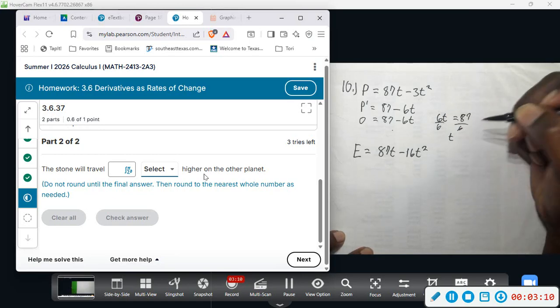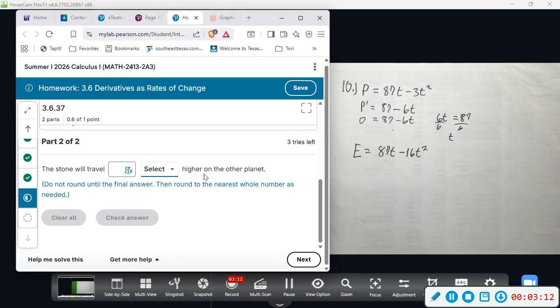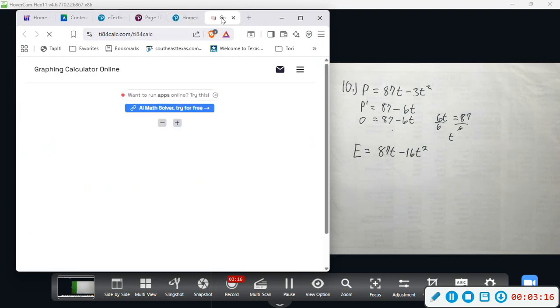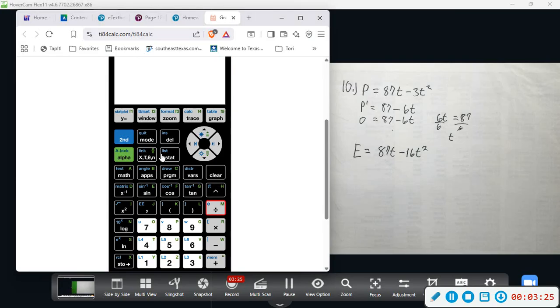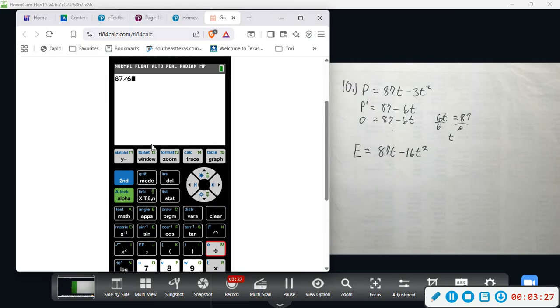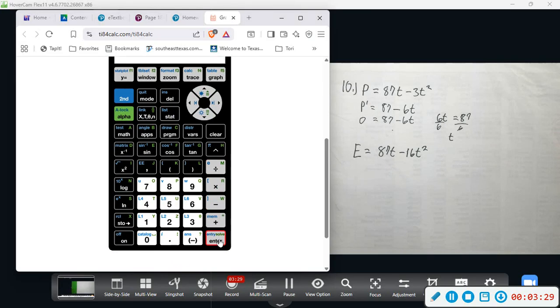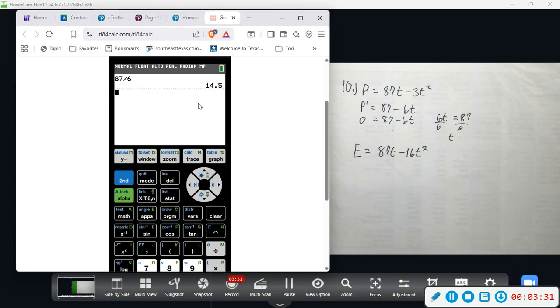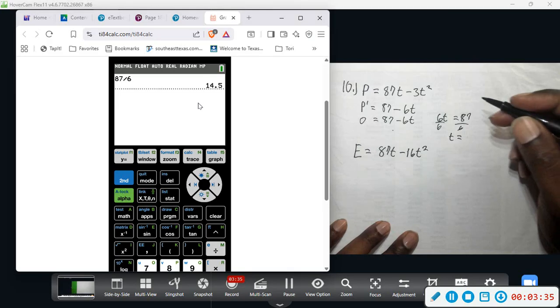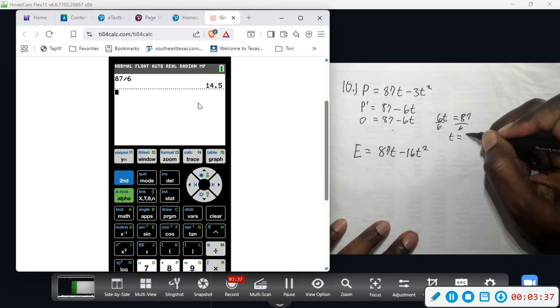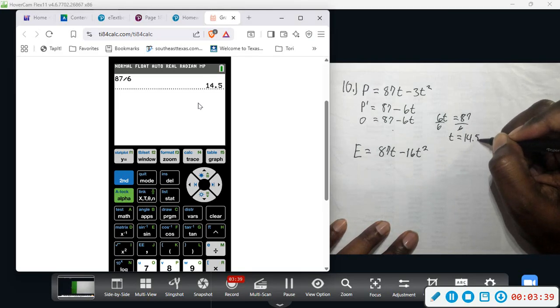So we will find at what time we reach that maximum. Let's see, 87 divided by 6. Okay, so on the other planet, it reaches its maximum at 14.5 seconds.